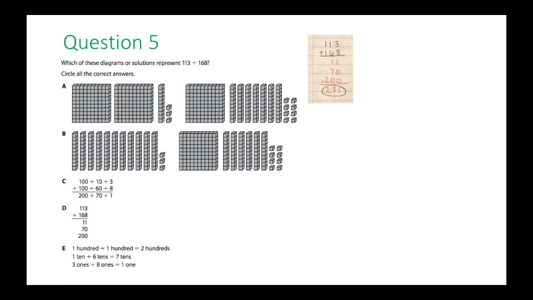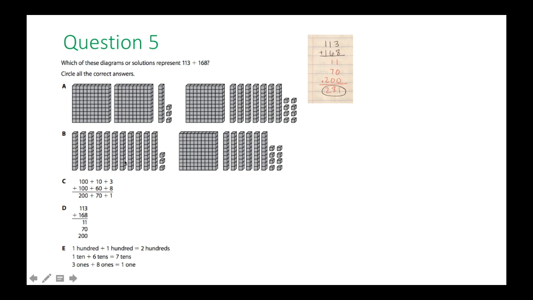So what I did is I used partial sums. I said 3 plus 8 gives me 11, and 10 plus 60 gives me 70, and 100 plus 100 gives me 200. So the combined total or sum would be 281.